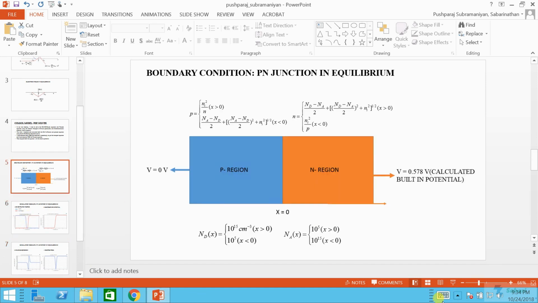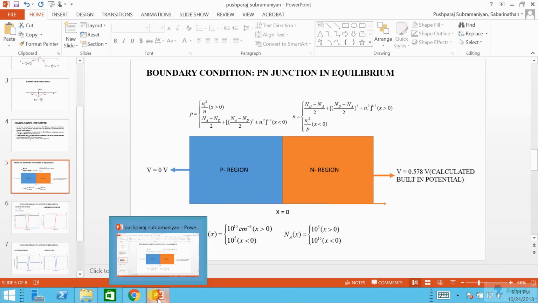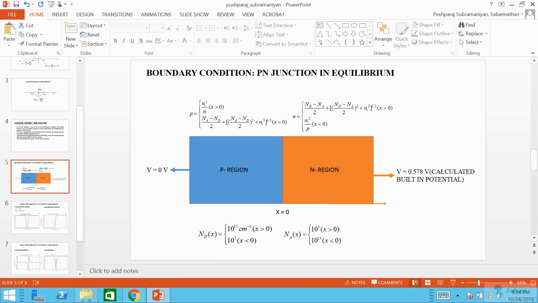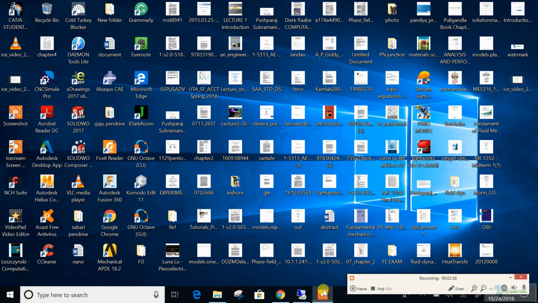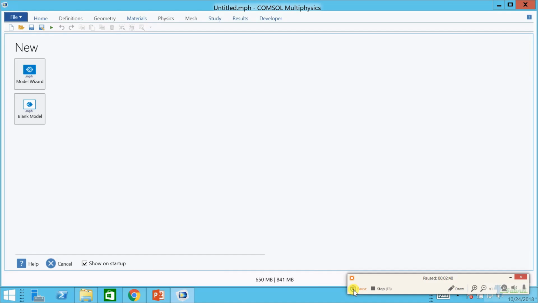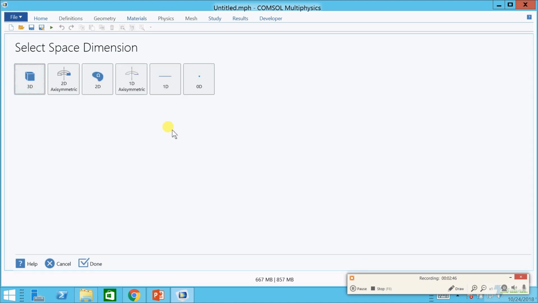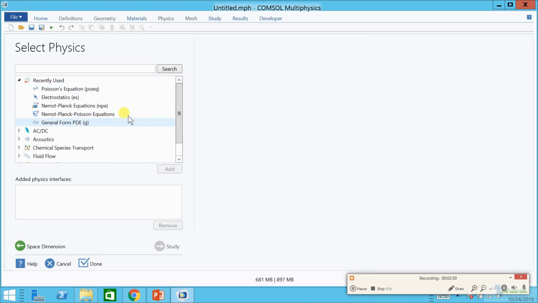Okay, let us discuss this in COMSOL. I open COMSOL and go to the model wizard. Here I'm going to model only a 1D condition, so I'm going to select one dimensional, and I'm going to model it with a partial differential equation solver.